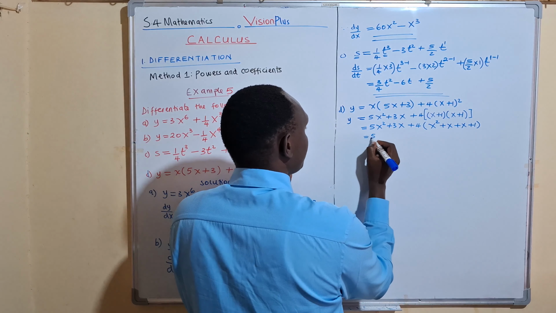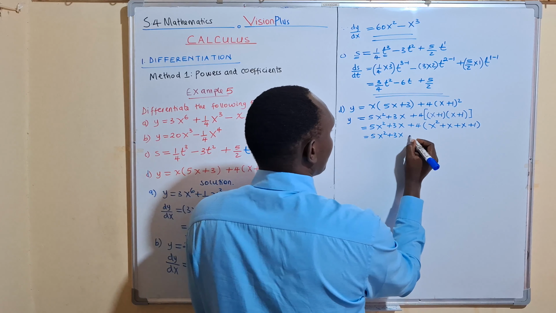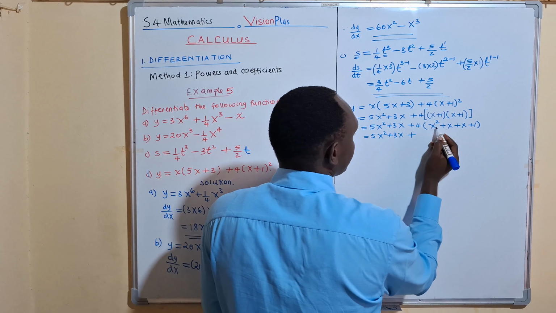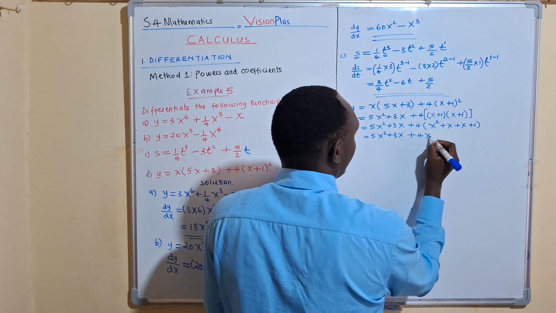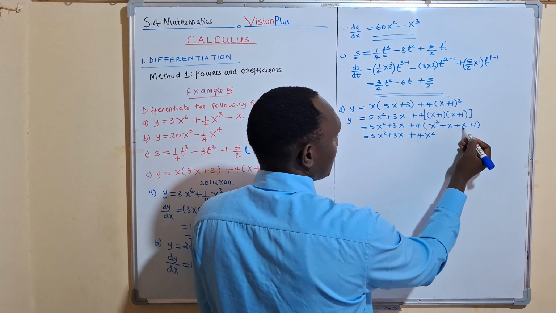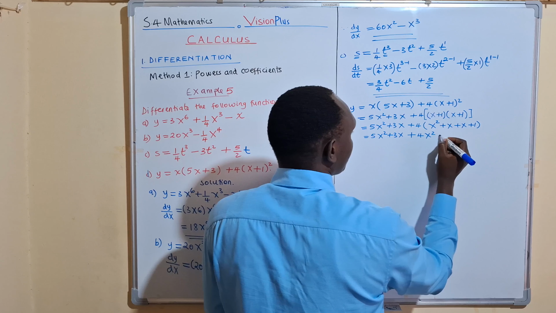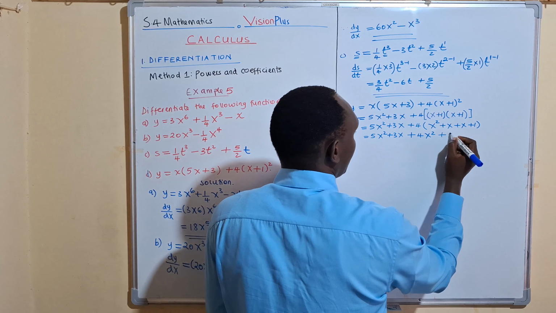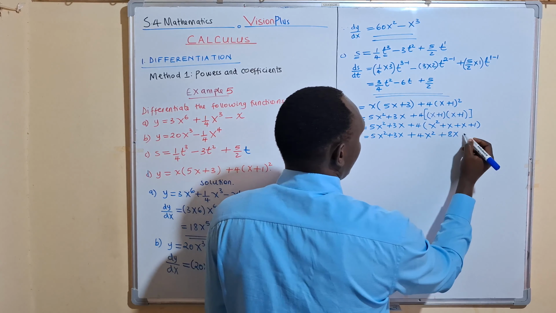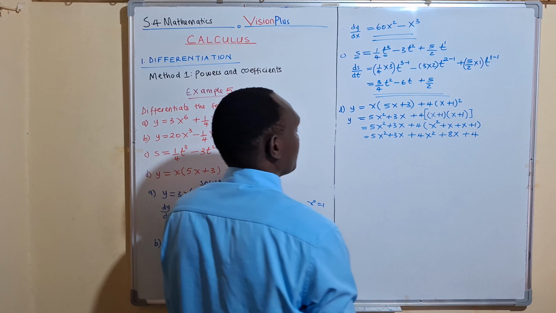This here gives us 5x squared plus 3x plus 4 times x squared is 4x squared. Inside here we shall have x plus x. X plus x is 2x. 2x times 4 is 8x. And then plus 4 times 1 is 4.